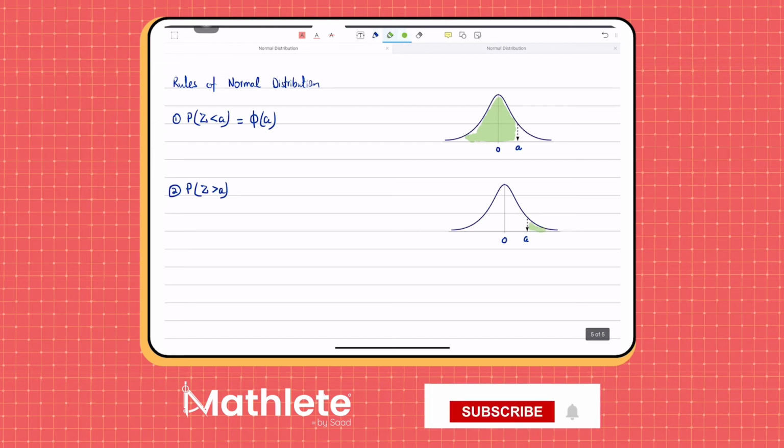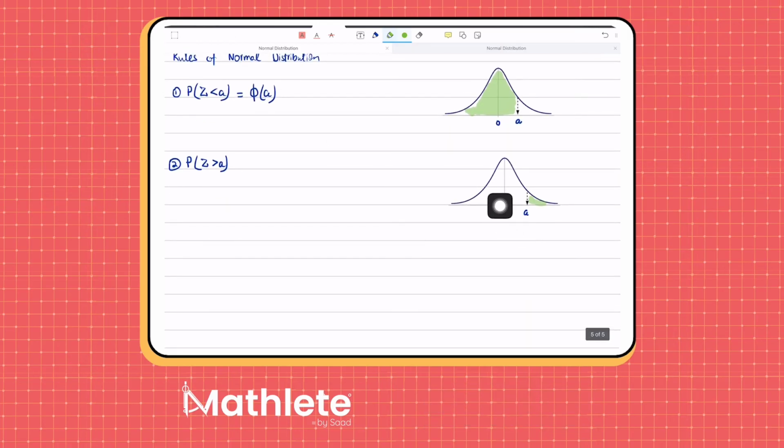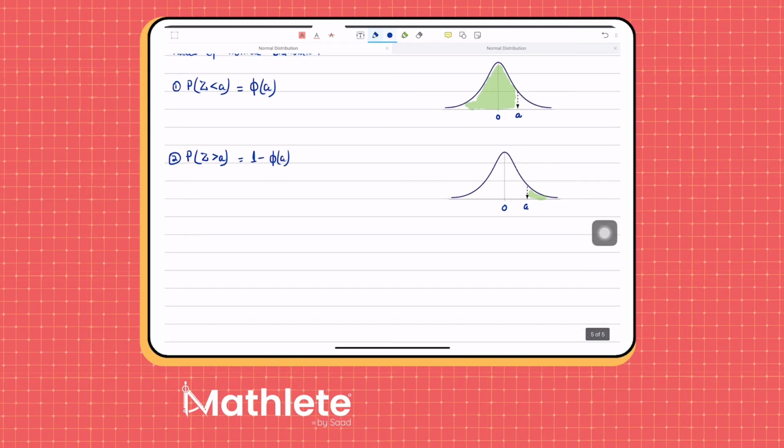We know that if we read the table and find the phi of a, we get the area up until that point, the probability up until that point. But since we want the probability of more than a, we do 1 minus phi of a. Now just like this, we have around 7 to 8 rules, in fact more than that. You can either memorize these rules or you can understand.